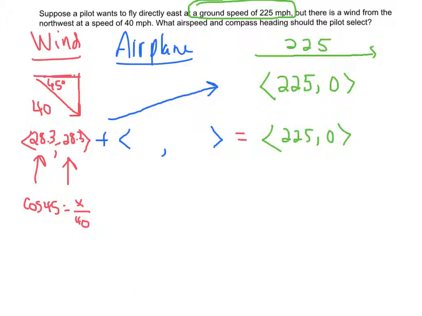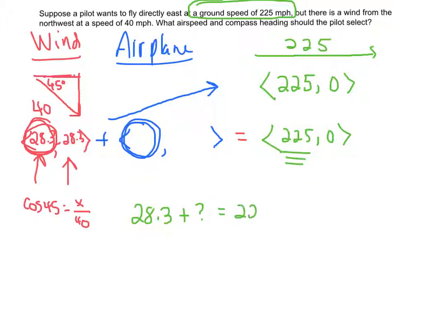So, I know that if I take this 28.3 and I add in the x component of the airplane, I should get 225. So let's write out that equation here. We've got 28.3 plus something will give us 225. So that's a fourth grade math problem to solve here. We're going to subtract 28.3 from both sides.